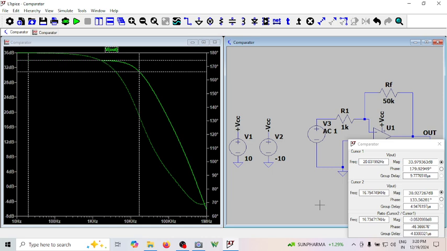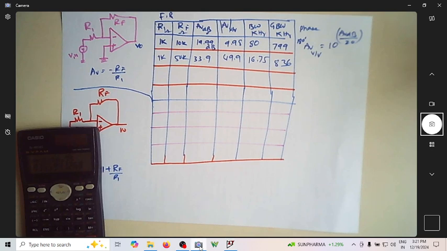We expected -50, of course. I'm just writing the magnitude here, and 49.9 multiplied by 16.75 is now 836. This is the reading I'm having.